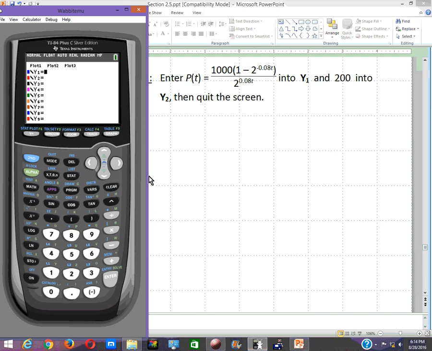So I open the parentheses, 1,000, remember the parentheses for the numerator, open parentheses, 1 minus 2 raised to negative 0.08 t, get out of the exponent, close the parenthesis, close for the numerator, divided by, now this is just one expression so I don't need parentheses, 2 raised to 0.08 t, get out of the exponent, and just press enter to go to y2, which is going to be 200.